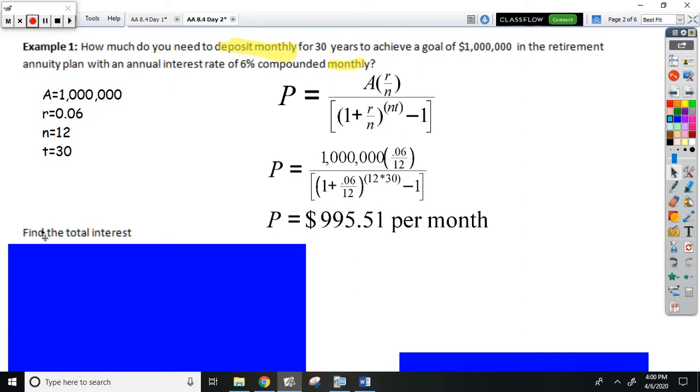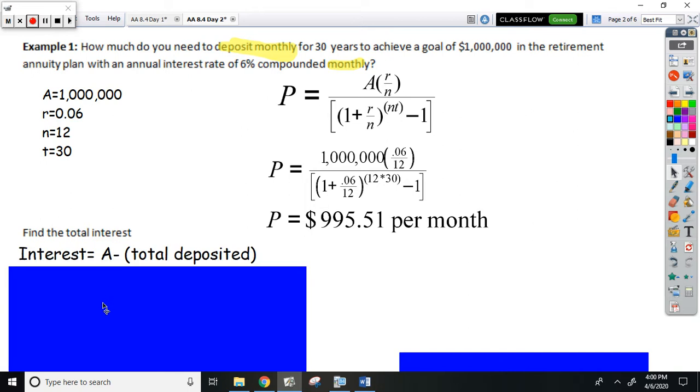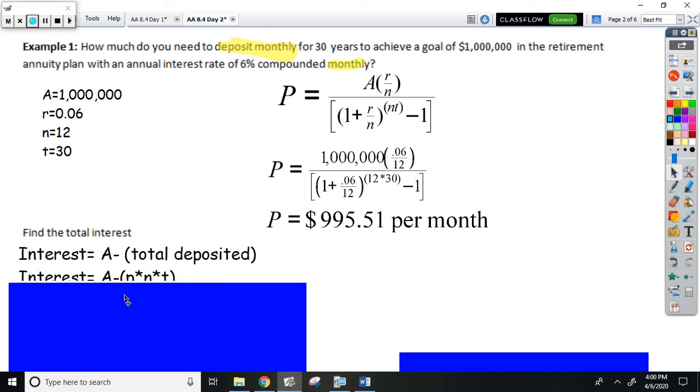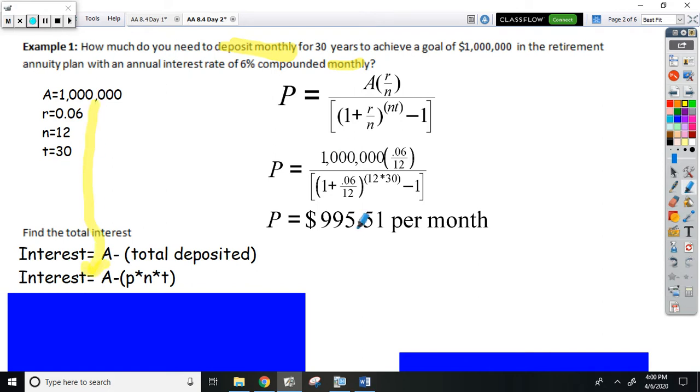And then our formula is the same as it was yesterday for interest. We're going to take our A value, which in this case was given to us, minus the total amount deposited, which is P times N times T. So our A value is $1 million. That was given to me. My P value is what I just found.